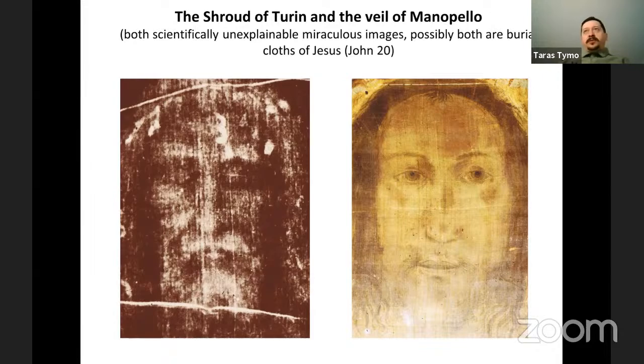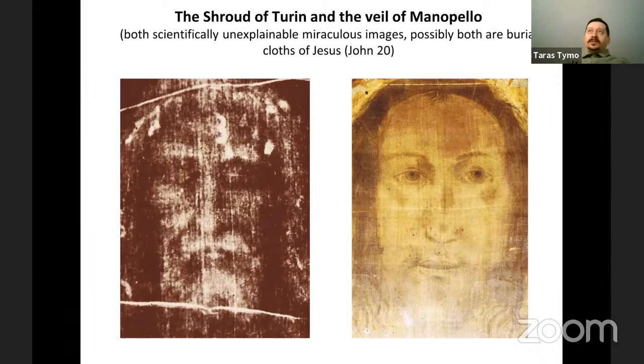And there is again a hypothesis that both are the burial cloth of Jesus, because in the Gospel of John, chapter 20, we read clearly about the shroud. So when the apostles entered the empty tomb of Jesus on the resurrection morning, what they see is the shroud wrapped in one place and the veil that was covering the face of Jesus separately.